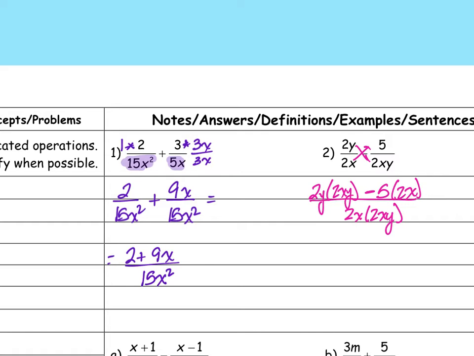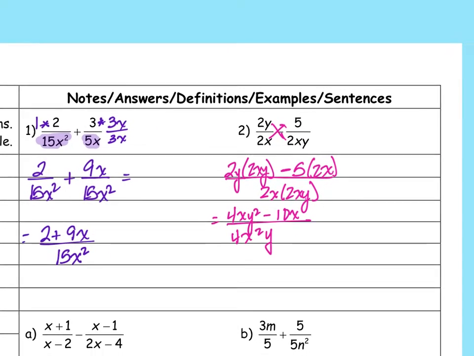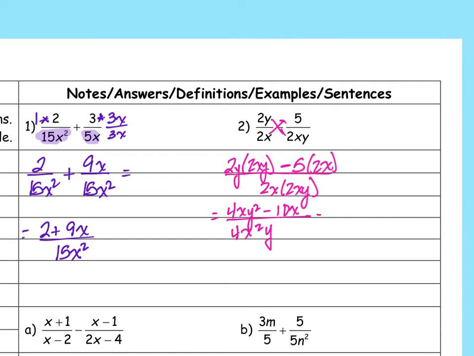So now let's multiply everything together. And we're going to get 4xy squared minus 10x all over 4x squared y. And now I can factor everything out and simplify it. Let me move this over just a little bit. You guys can see it, but I'm running out of room on my iPad.